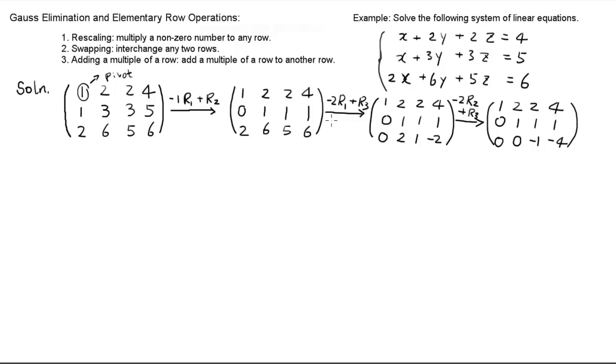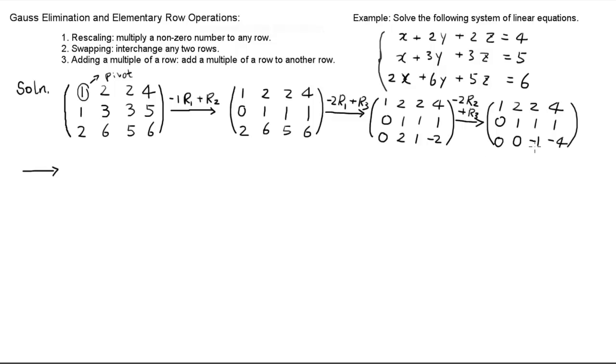Okay. Now, the system represented by this matrix over here is already very easy to solve. But we want to go a little bit further to see how we can actually use the first type of row operation, row scaling.